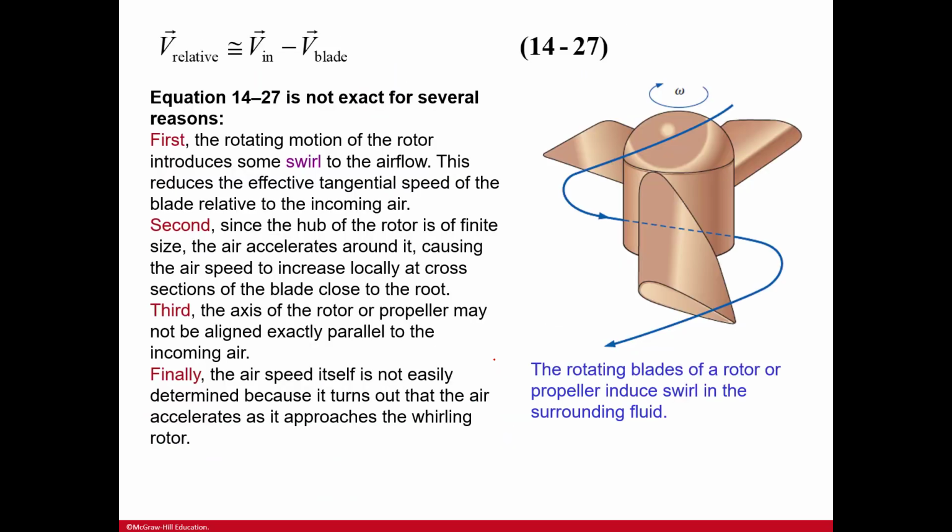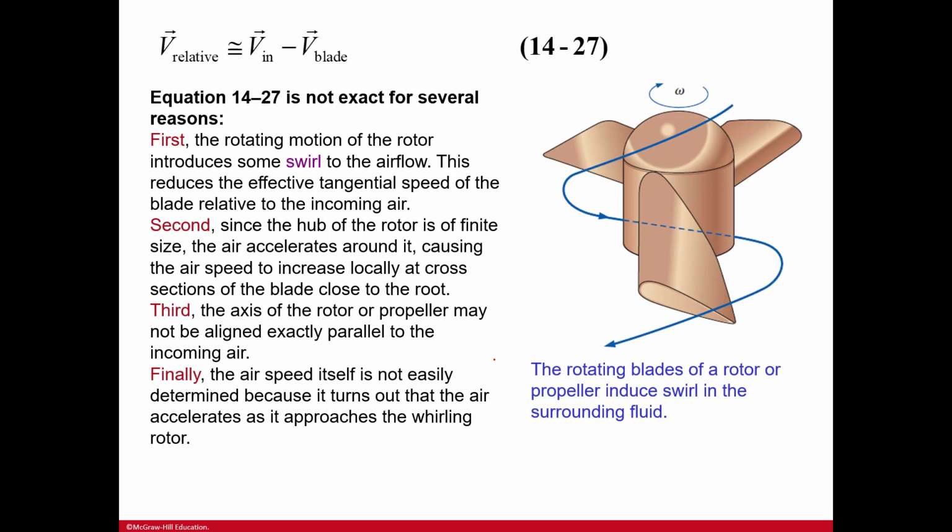And equation 14.27 is not exact for several reasons. First, the rotating motion of the rotor introduces some swirl to the airflow. This reduces the effective tangential speed of the blade relative to incoming air.